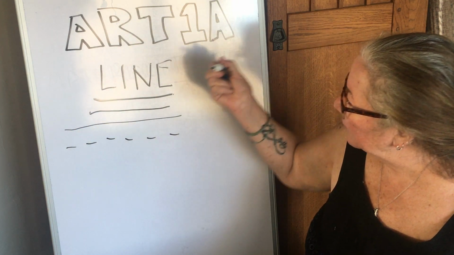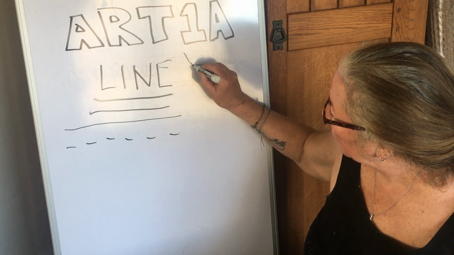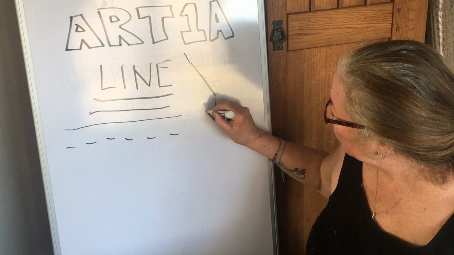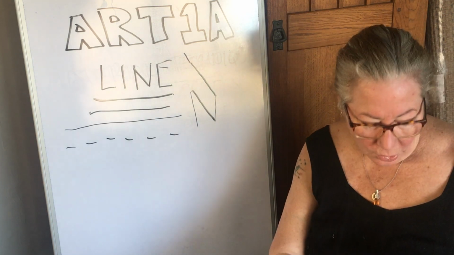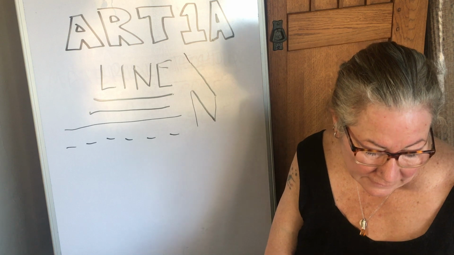So with this, I can make a thin line. I can start off thin, and then make it thicker, and make it thin again. So you have a lot of different ways that you can make lines.